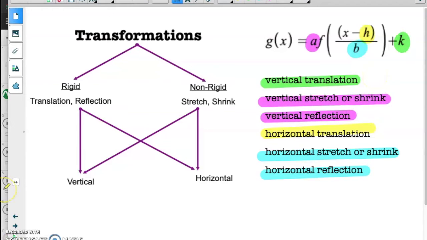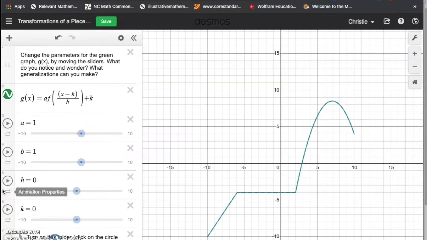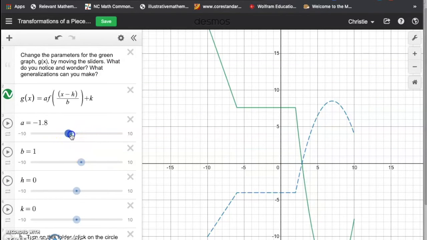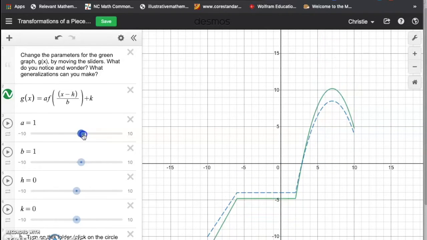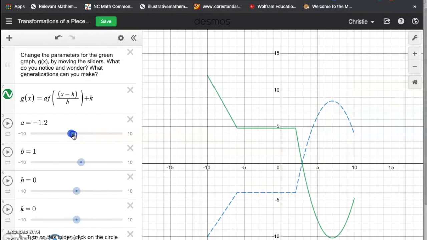Remember, if you want to try out any of these different transformations, you can always return to the Desmos file and adjust the sliders as you like to see those changes happen in the graph. Again, we just said that a affected the graph with a vertical stretch, shrink, or reflection.